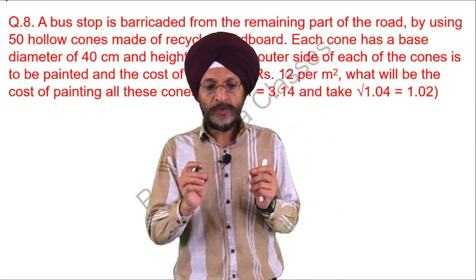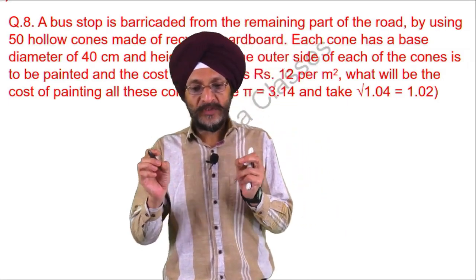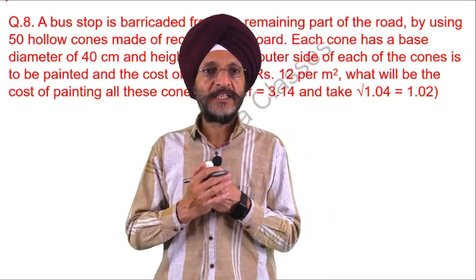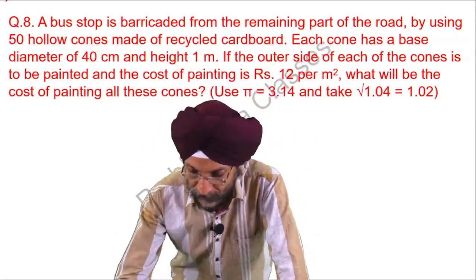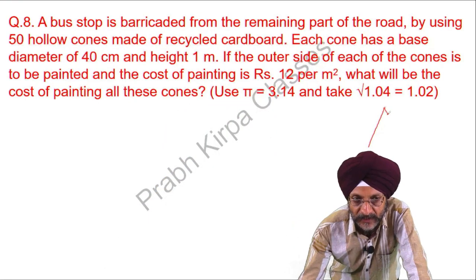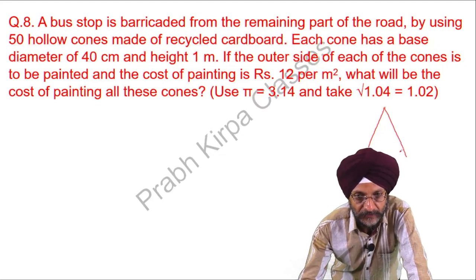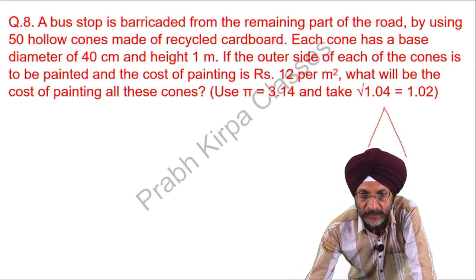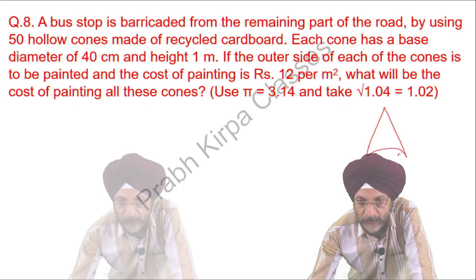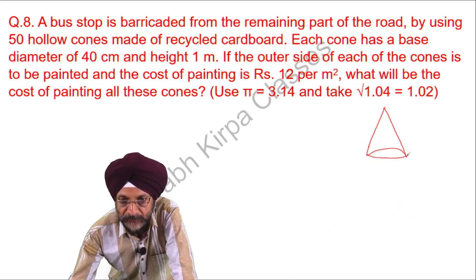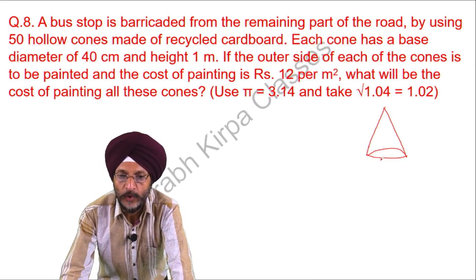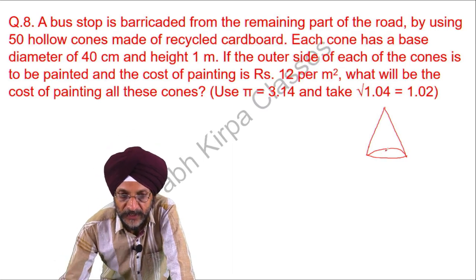Now we have to use pi as 3.14, and the value of under root 1.04 has also been given. What has been given to us is that this is the cone which is to be used, and such type of 50 cones are to be used near the bus stop.